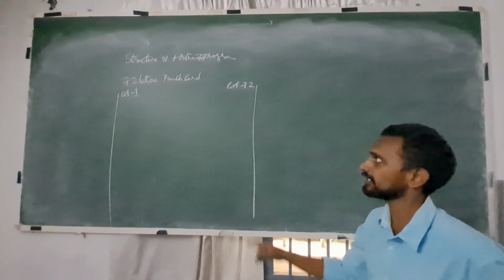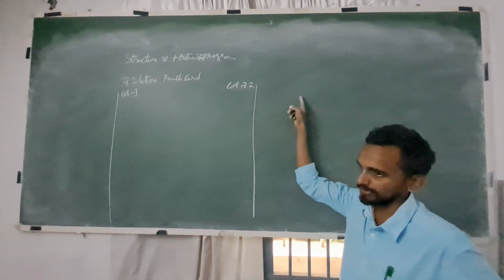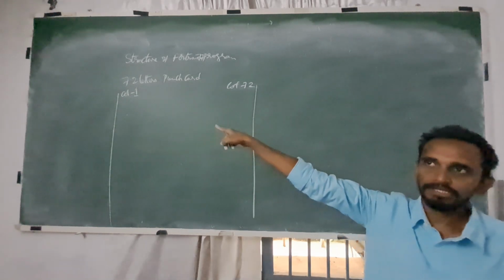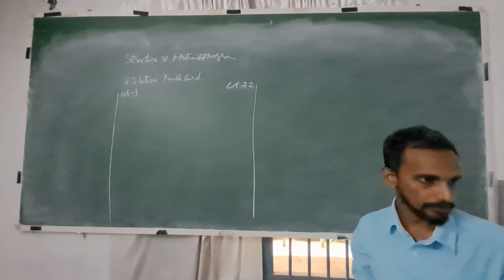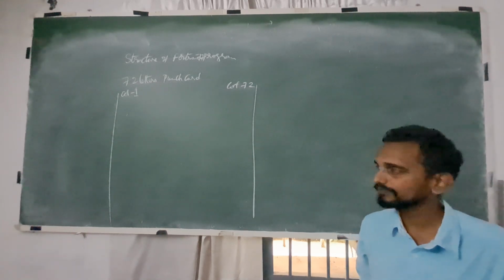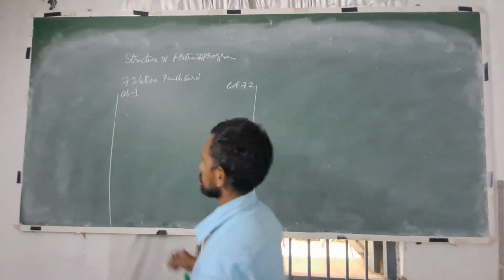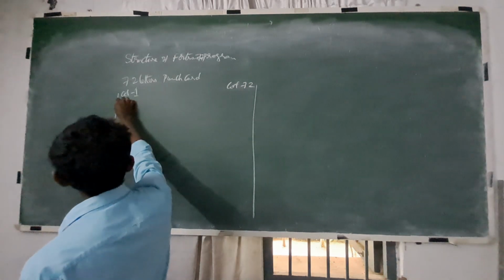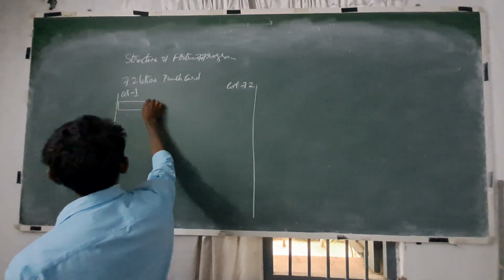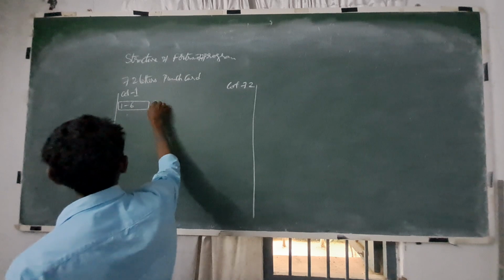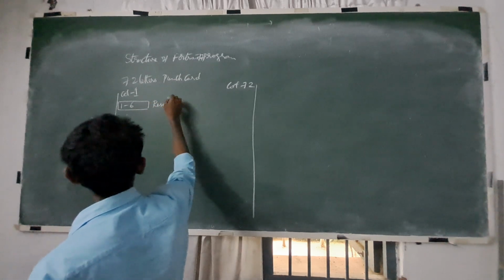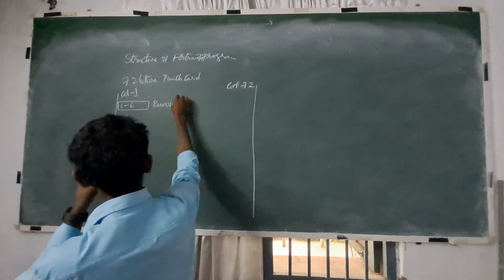If the length of your instruction extends beyond 72, then there will be a continuation symbol that comes in the next line. Here, columns 1 to 6 are reserved for special purposes.